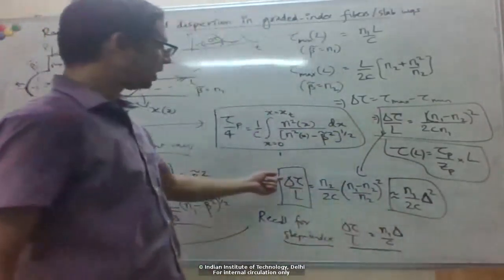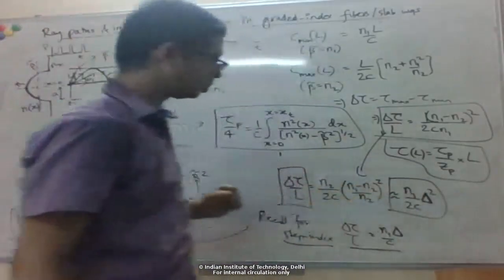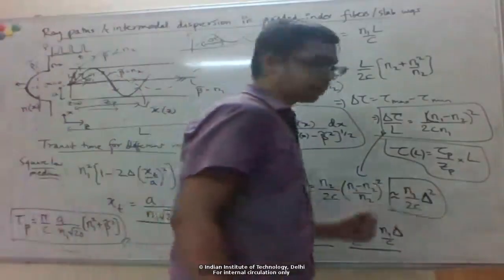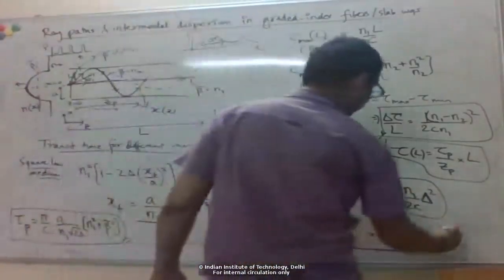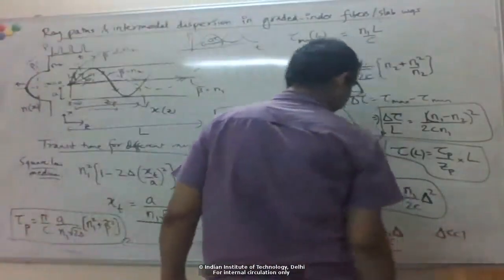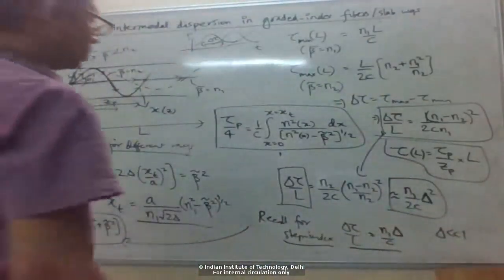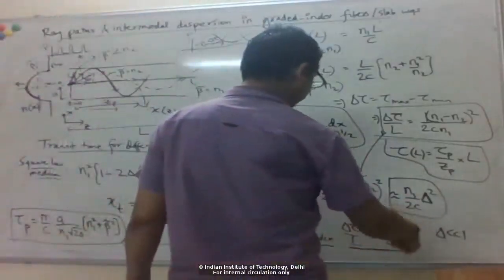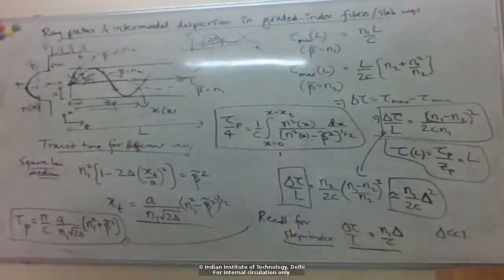Here for the square law medium, we get n1 over c times delta square by 2. So going from delta to delta square really helps. Why? Because delta is very small. For typical fibers, delta is much less than 1, typically 10 to the minus 2 or 10 to the minus 3. So basically, you reduce the dispersion by a factor of delta, so 2 orders of magnitude or something.